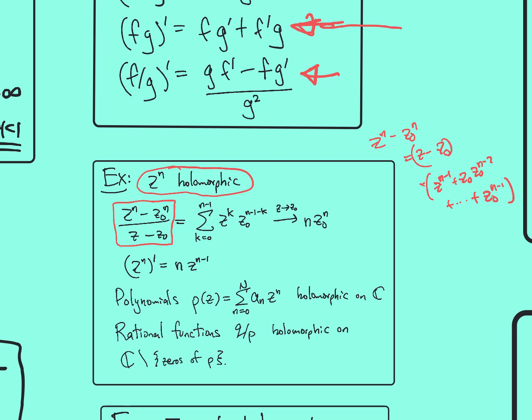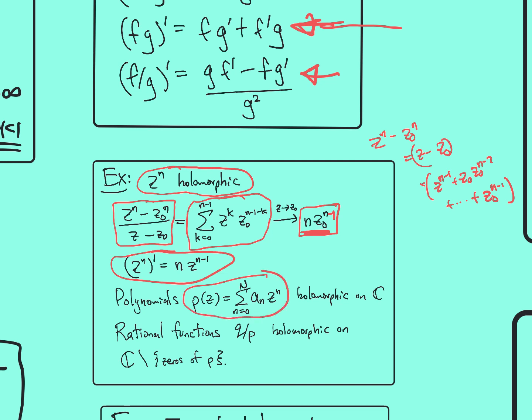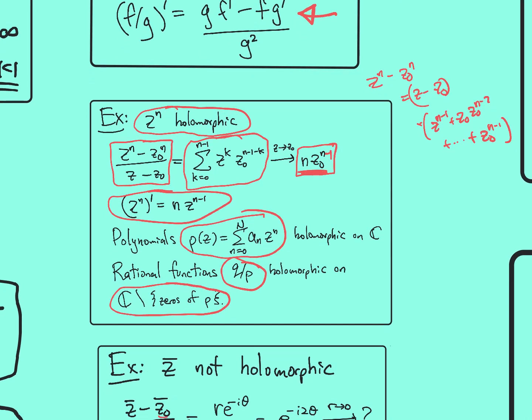And this is the summation version of that formula. And you'd send z to z naught and get the usual formula you expect, that the derivative of z to the n at z naught is n z naught to the n minus 1. And then you get that polynomials are holomorphic, rational functions are holomorphic, away from the zeros of the denominator.